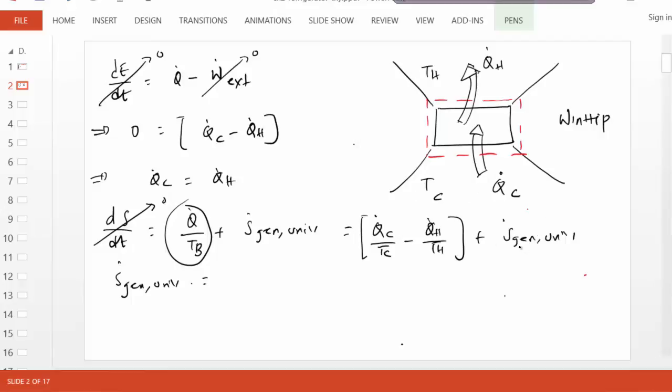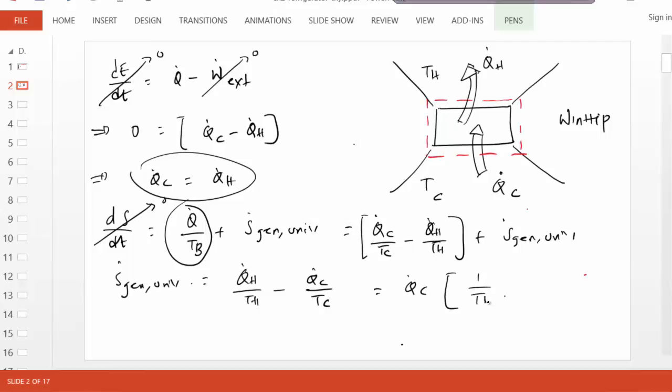So the expression for entropy generation becomes Q dot H over Th minus Q dot C over Tc, and we have already proved these terms are equal. So if I say Q dot C and Q dot H are equal, it becomes 1 over Th minus 1 over Tc. Now we know Th is higher than Tc.